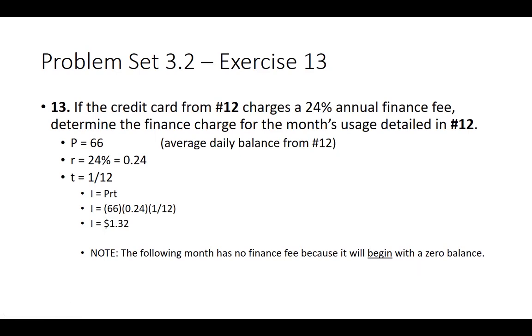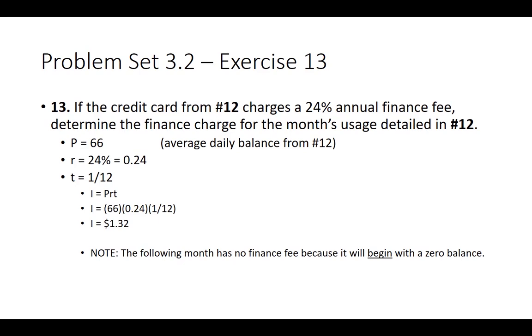Number 13. If the credit card from number 12 charges a 24% annual finance fee, determine the finance charge for the month's usage in number 12. So we need the average daily balance from number 12. And that was $66.